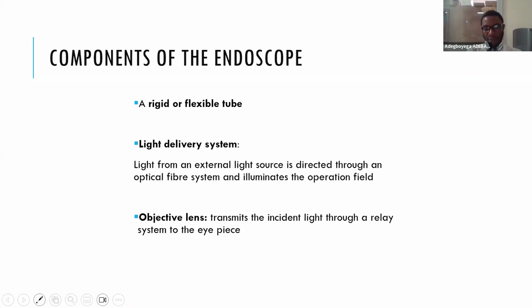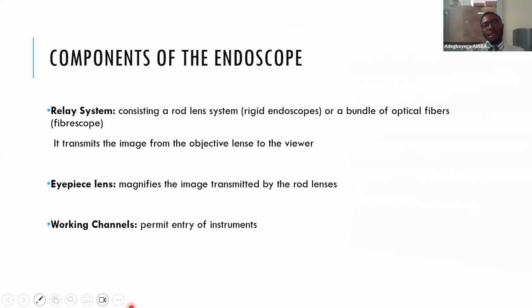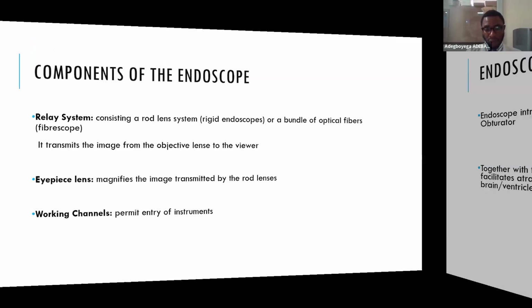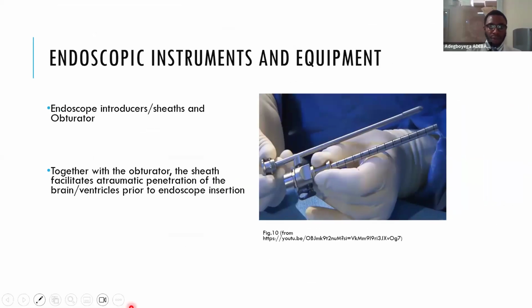It also features an objective lens that receives and transmits the emerging rays from the surgical field onto a relay system, which in the case of a rigid endoscope consists of an array of rod lenses and could also consist of optical fibers in the case of a flexible endoscope. The endoscope also features an eyepiece lens through which the image may be visualized, as well as working channels for insertion of instruments into the surgical field.